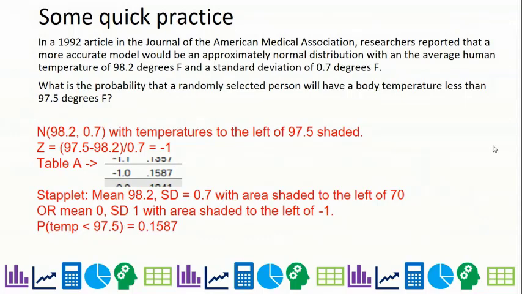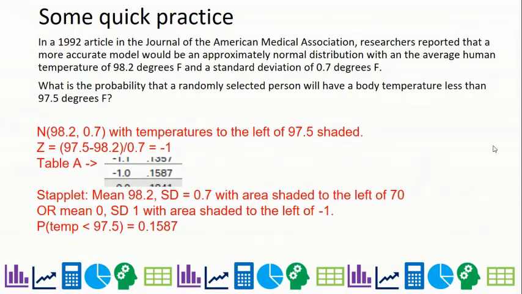Did you do normal CDF? Okay, so are you on normal CDF? All right, what's your lower? Okay, so you have negative 1,000. What's your upper? 97.5.